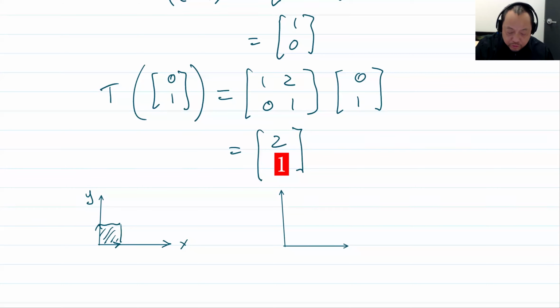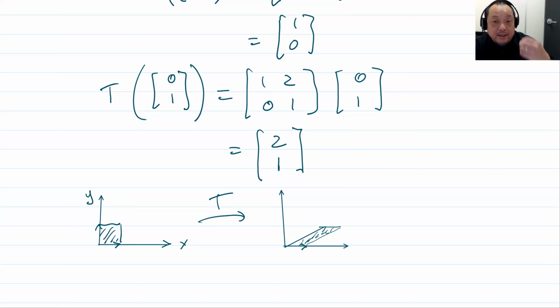Whereas after the transformation, I end up with 1, 0, which is this vector, but the other vector is not 2, 0, it's 2, 1. The other vector is 2, 1. So it becomes that vector. Therefore, this little square here becomes this little parallelogram there.